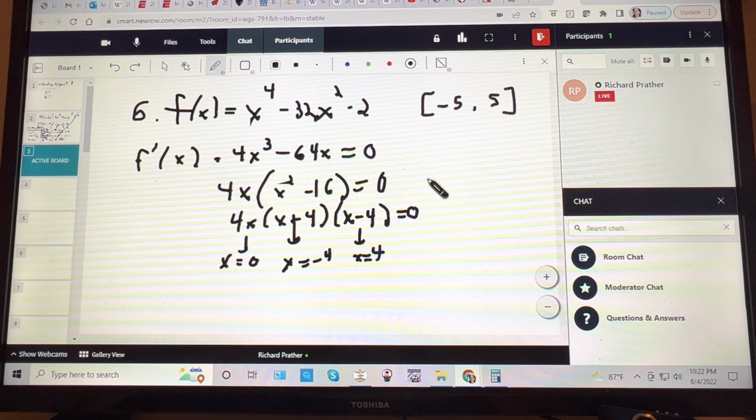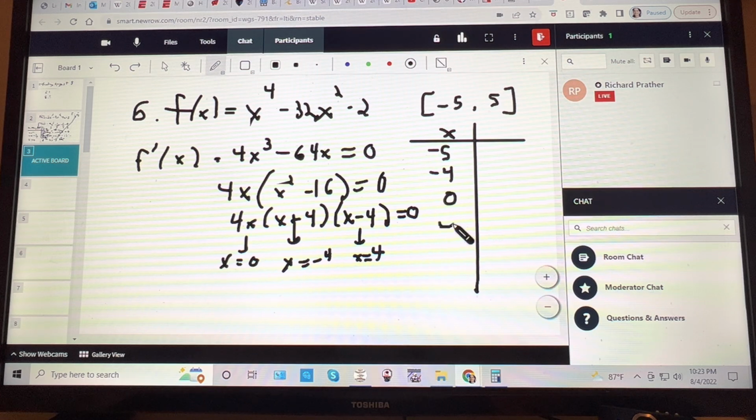So we're going to have to try these x values: -5, I'll put them in order, -4, 0, 4, and 5. We always have the 2 endpoints in a closed interval, and then we ended up with 3 critical numbers that were all inside the interval, so we didn't get to eliminate any like we did last time.